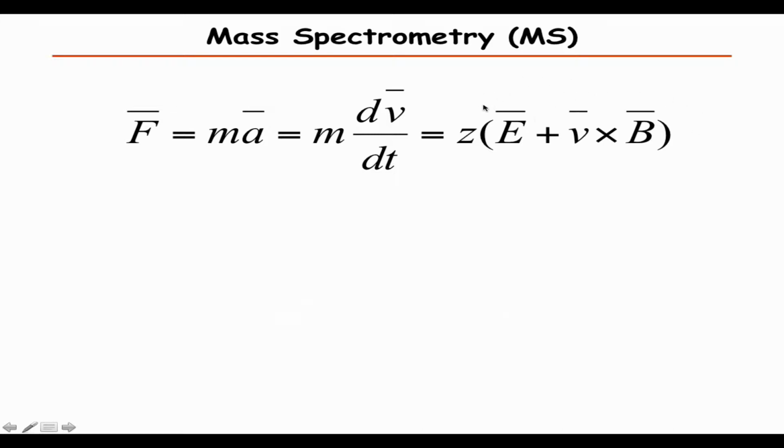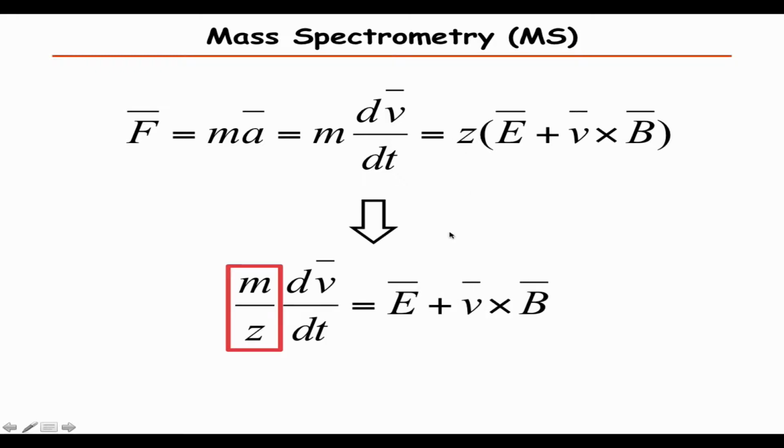But this might seem complicated, but the main thing is that we have on one side the mass and the charge, and we can rewrite this so that the mass and the charge can be calculated just from the strengths of the electrical and magnetic fields.